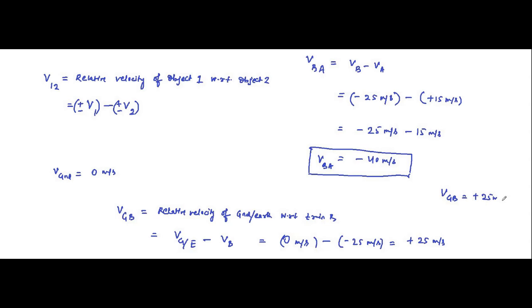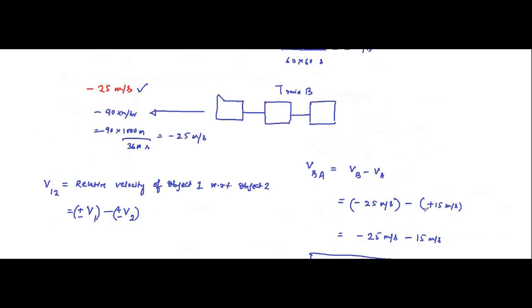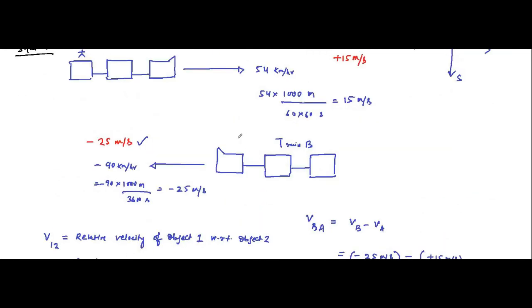So here what this tells us is that suppose someone is standing on train B, and he or she observes any stationary object on the ground, let's say a tree.